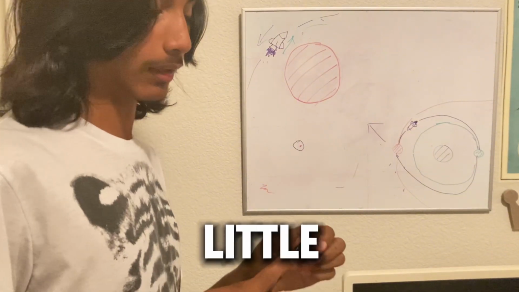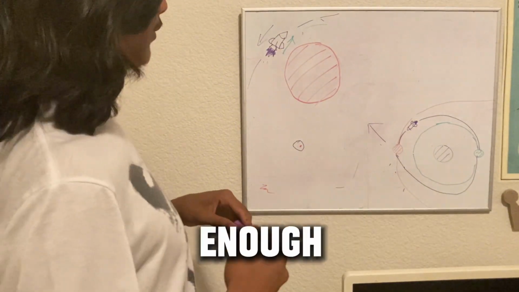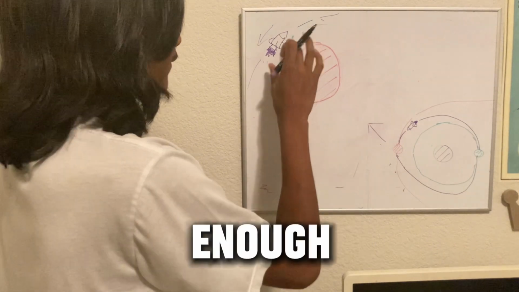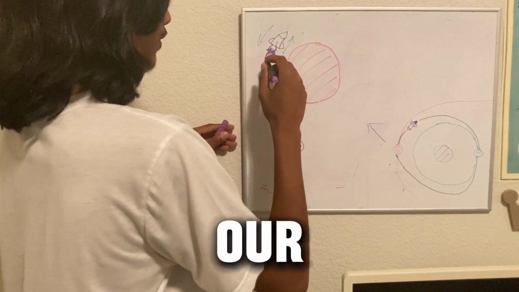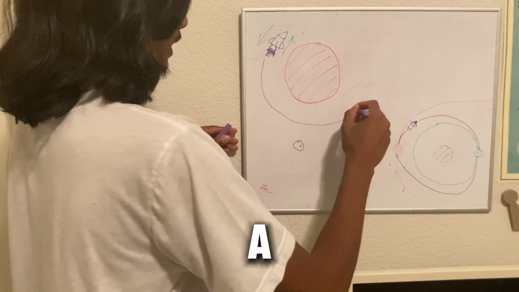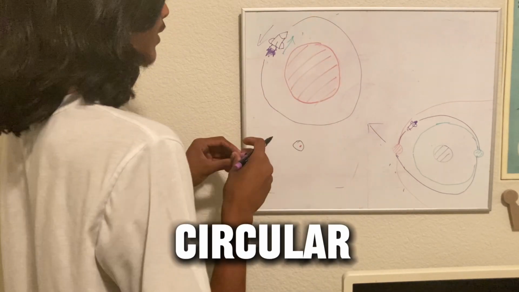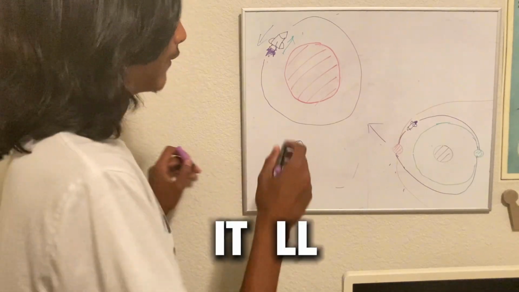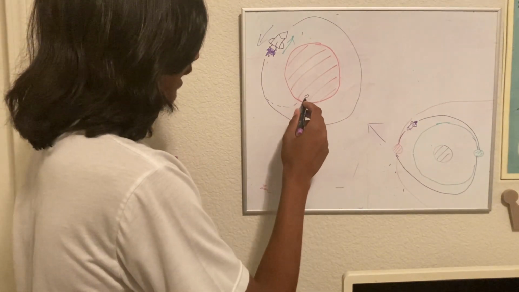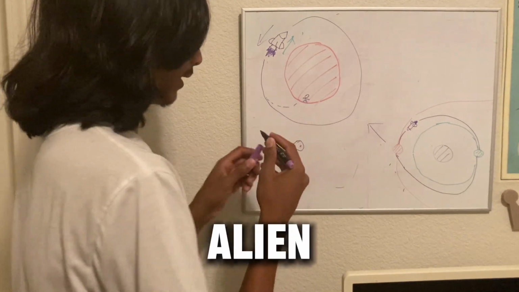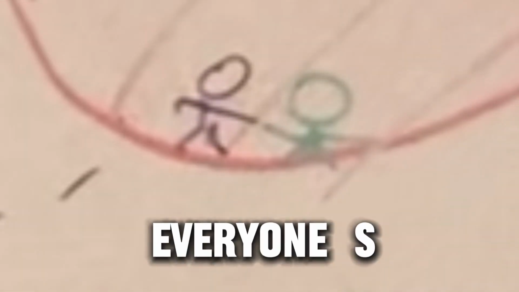I hope my little demonstration was good enough, but eventually, after enough of this acceleration backwards, our rocket is going to have a relatively circular orbit, and it'll eventually be able to land on the surface and meet its alien friends, and everyone's happy.